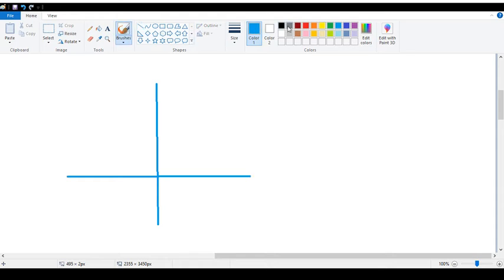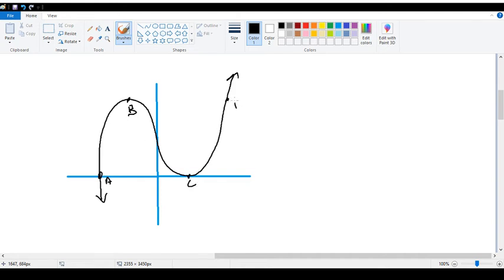If I have this line, when is this graph increasing? Let's call this point A, B, let's call this C and D. When is it increasing? In other words, when is it positive?